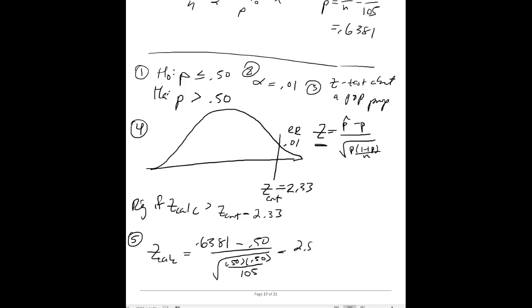This is going to shake out to 2.83, and then we can say reject, because z calc is greater than z crit, because 2.83 is greater than 2.33.